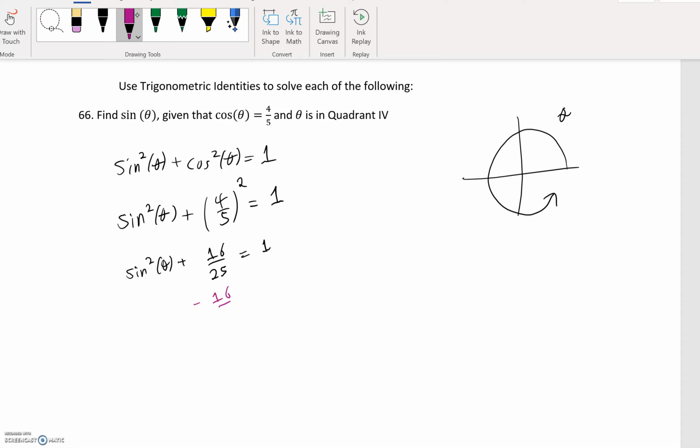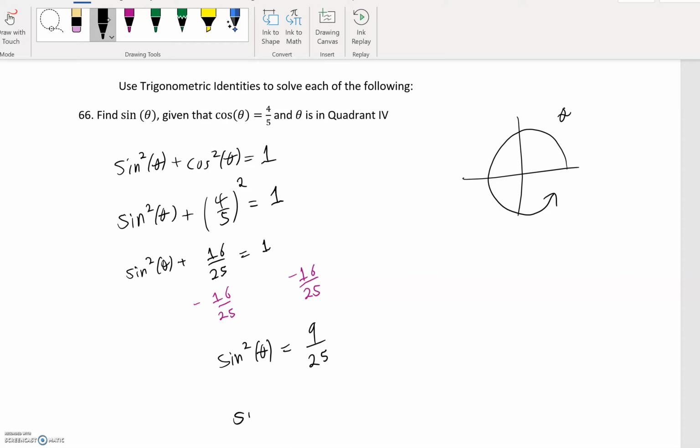From here, I will isolate that sine squared. One minus 16 over 25, so using your fraction rules, you would end up basically with 9 over 25 after simplifying.